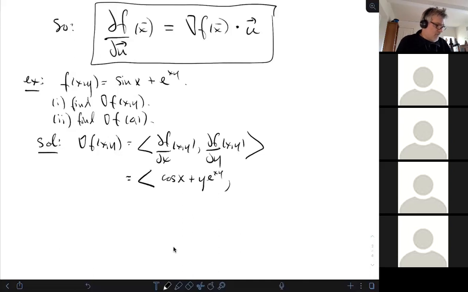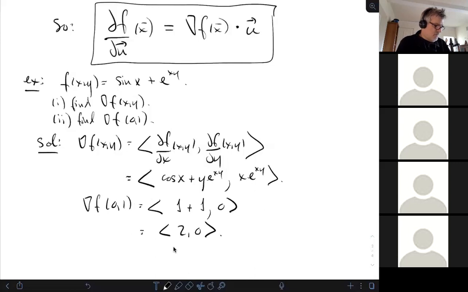And then with respect to y, this is 0, and this is x e to the xy. So this is the gradient at a generic point x, y. If I want this gradient at the point (0, 1), I'll just substitute. And so this is 1 plus 1, and 0. So this is the vector (2, 0). Okay. So it's a vector. I'm not telling you what it means for the moment. We'll see that in just a few minutes.